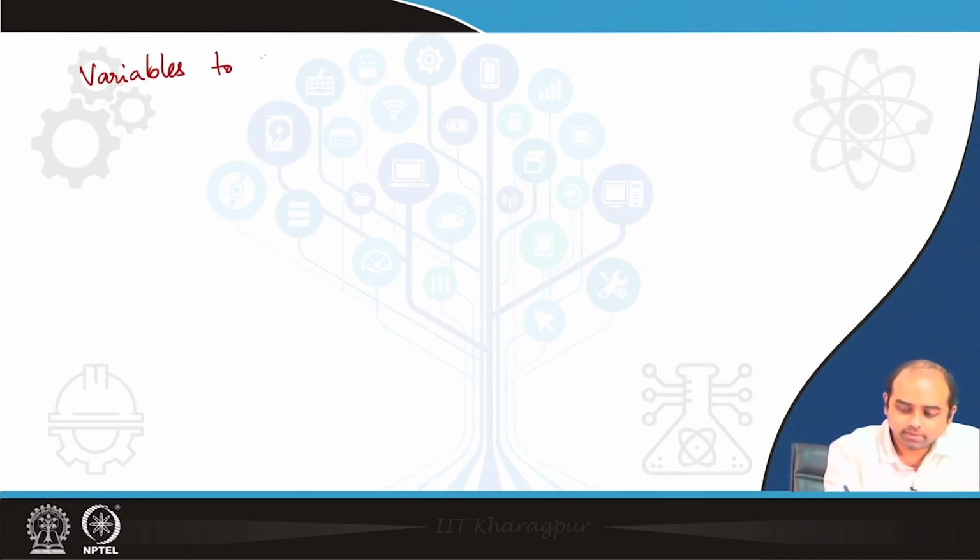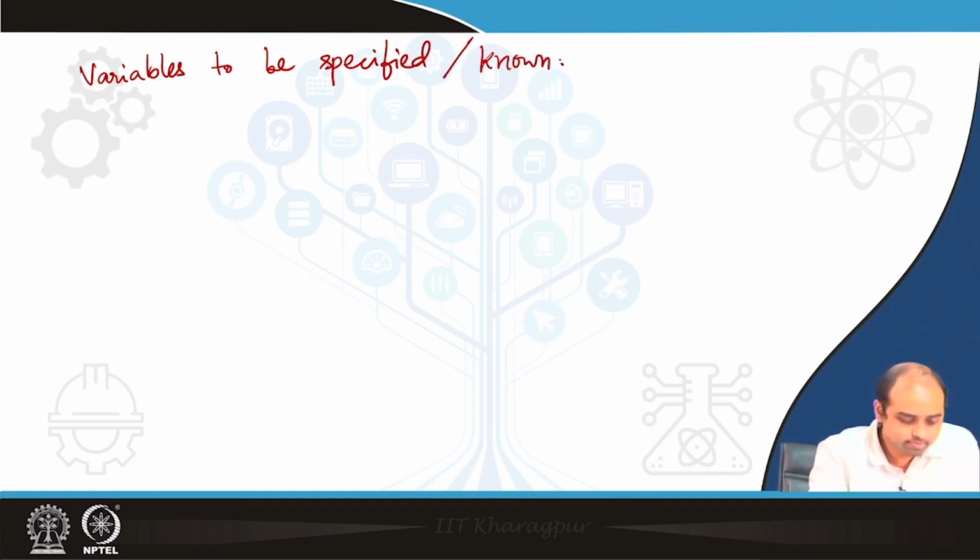Variables to be specified or known in this system, right. So first is the feed stream properties, right. These are generally known.